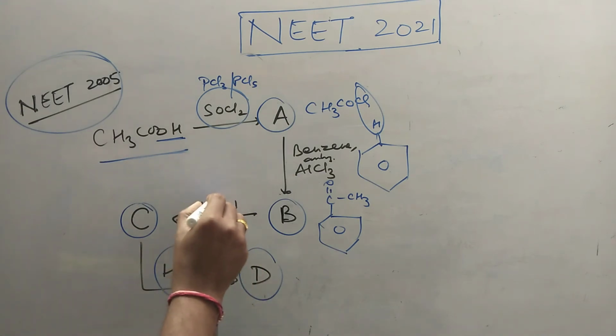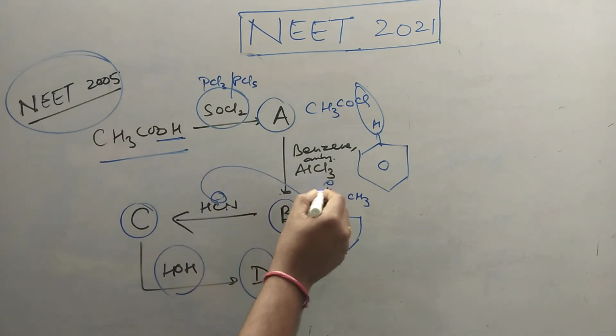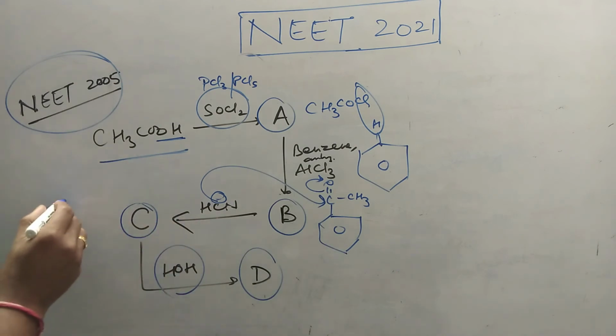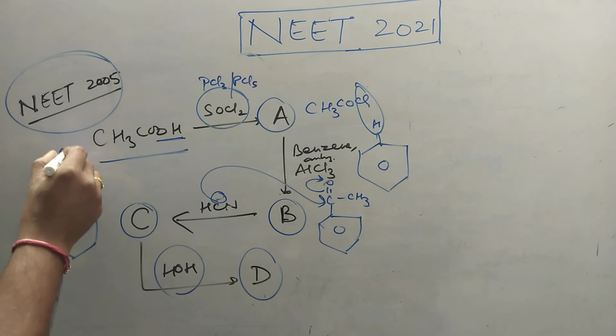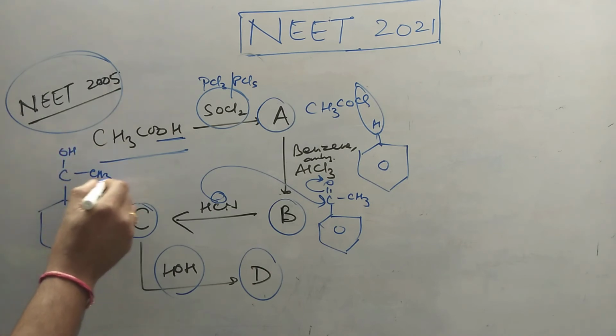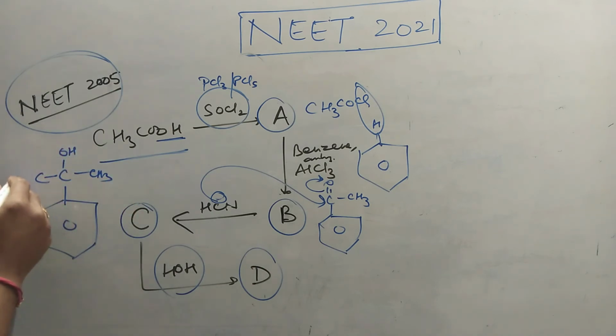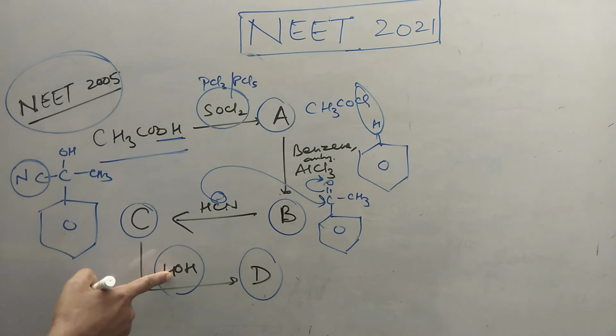This will undergo a nucleophilic addition reaction. So what will be your C product? C product will be C(OH)(CH3)CN attached to the phenyl ring. So it is a cyanohydrin derivative of benzene. Now this CN cyanide will undergo hydrolysis to give a carboxylic group here.